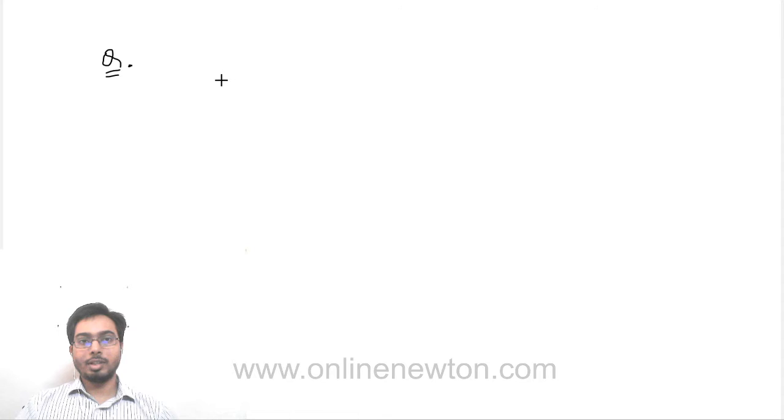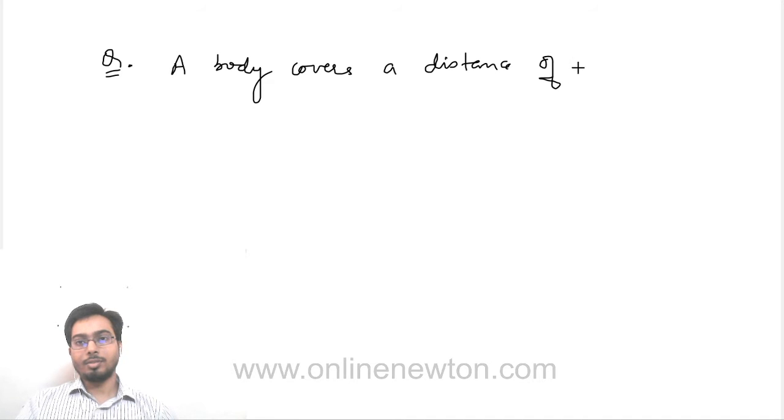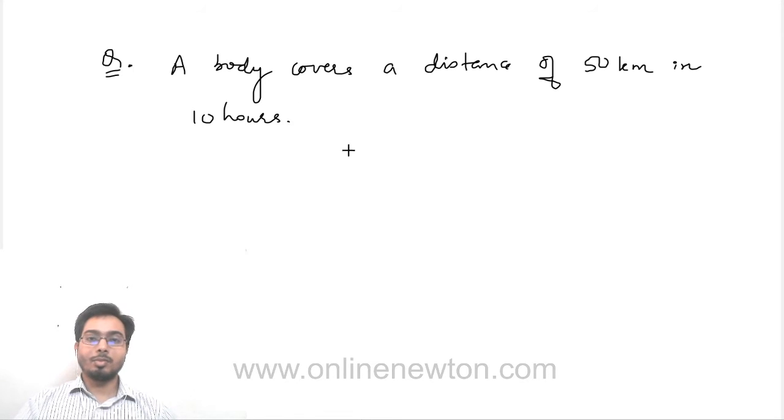So suppose a body covers a distance of 50 kilometers in 10 hours. Then what is the speed? In fact, this is also known as average speed.